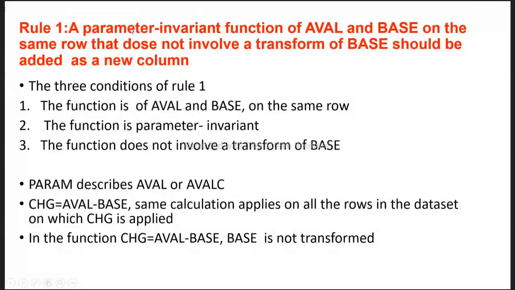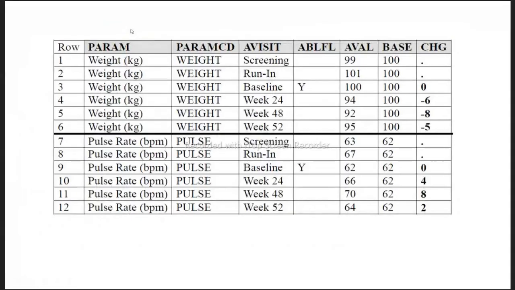Now I will show an example. Here I have an example data set for vital signs. Can you see what parameter we have here? Weight in kilograms. And the parameter code is PARAMCD, which is the LBTESTCD or VSTESTCD. Then we have an analysis value, which is the value changed into an analysis value.